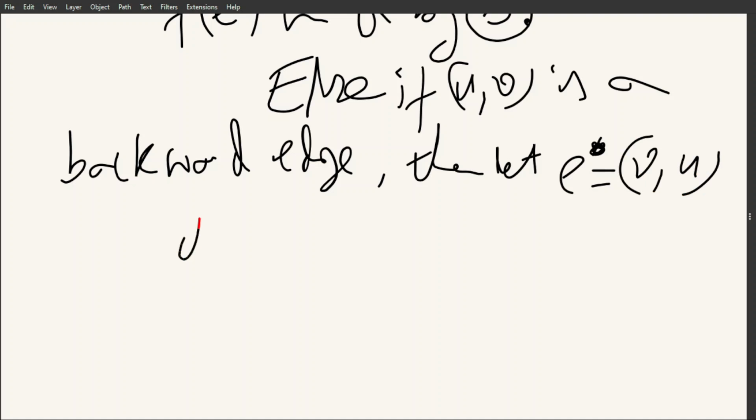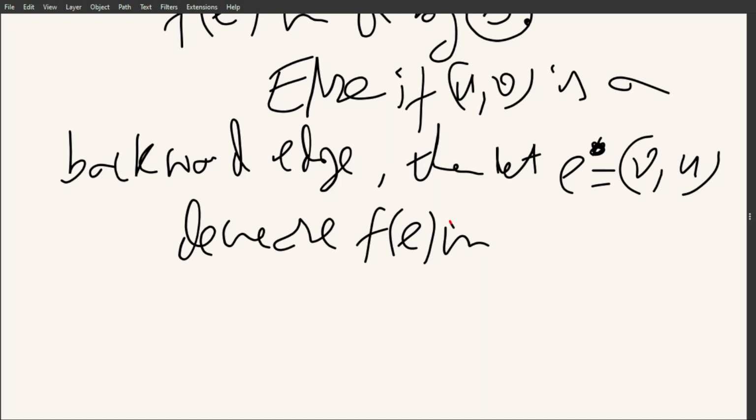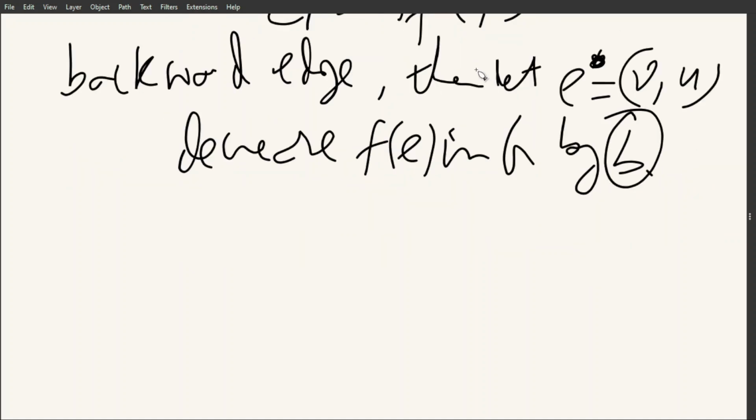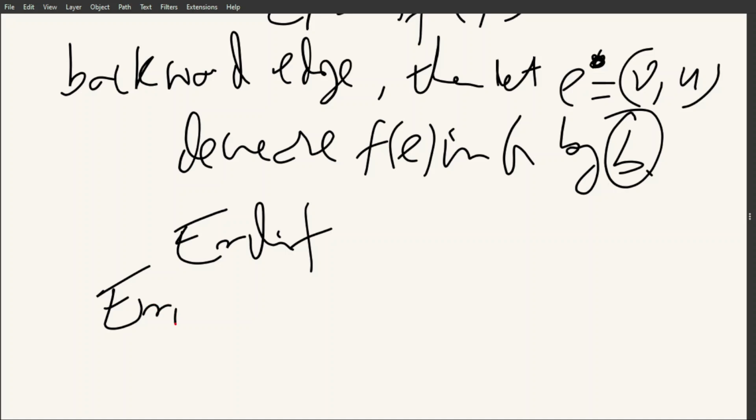So decrease, just the opposite, decrease f(e) in G by b. So according to our definition, for a backward edge we can decrease the flow. So we decrease it by again the same amount, bottleneck. This is a very simple procedure, and end if and end for, then return f.